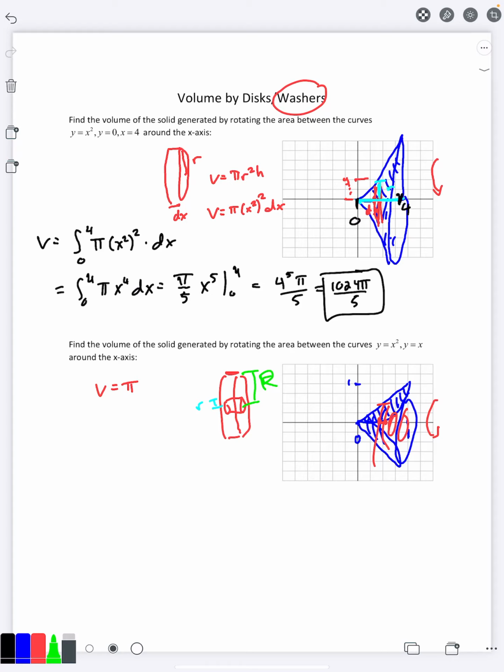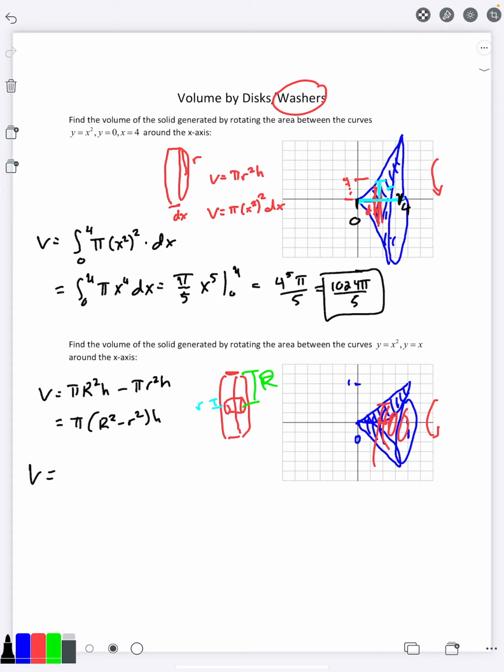To find the volume between them, I take the volume of the big one minus the volume of the small one. So it'll be pi big R squared h minus pi little r squared h. You take the whole disk and take away the part you cut out of the middle, which we can factor out. It's pi times big R squared minus little r squared, times h.